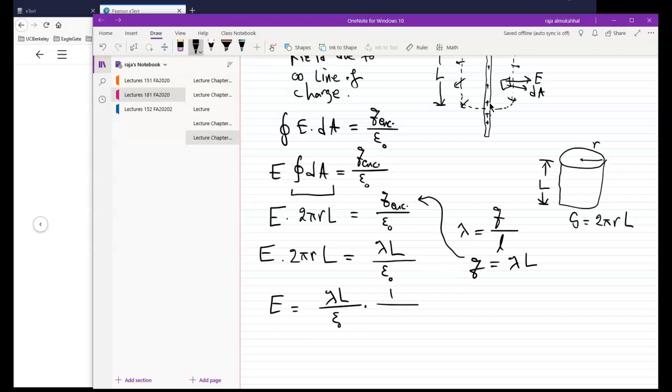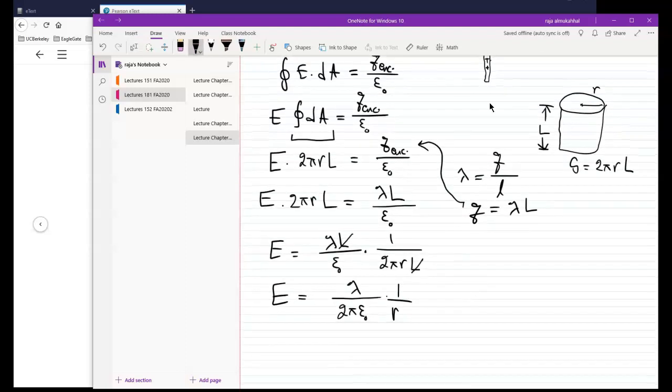Times 1 over 2 pi r L. As you can see here, the L's cancel out, which is really interesting. So E equals lambda over 2 pi epsilon naught r. And there we go. I just solved the problem.